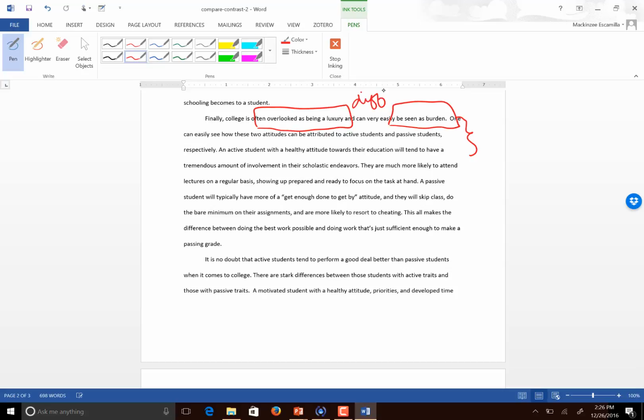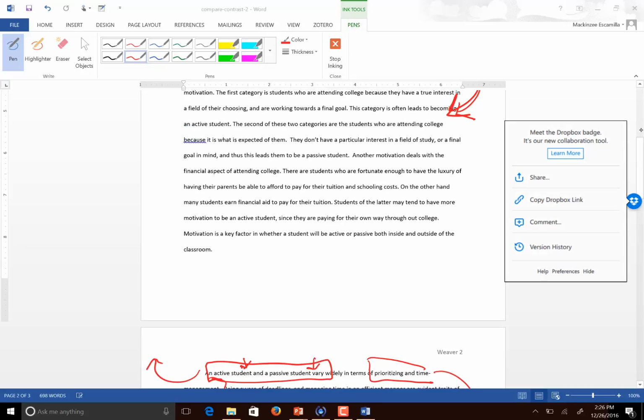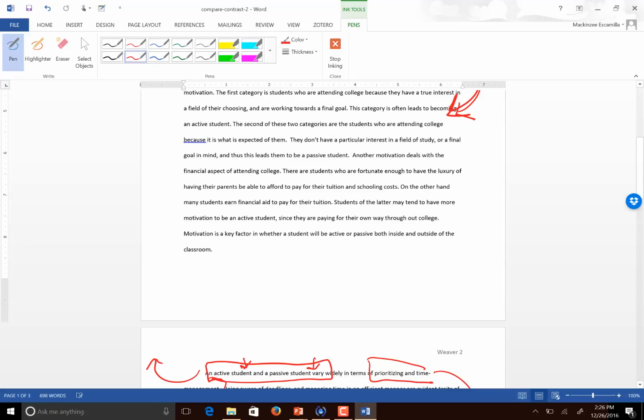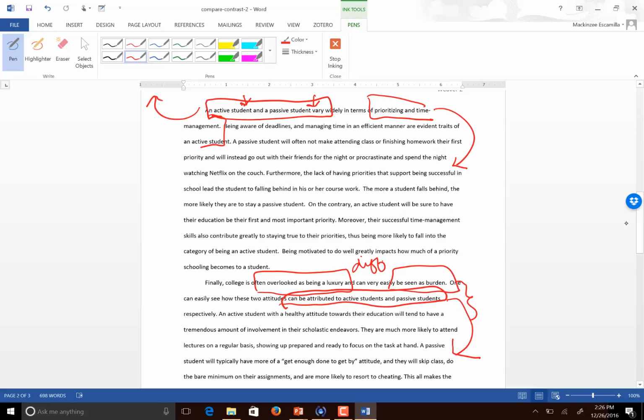So she didn't super explicitly state it, but she has given us different attitudes that can be attributed to active and passive students, respectively. And then she goes on to talk about the attitudes the different types of students have. And so even though it's not as explicit as these first two topic sentences, she still tells us that she's talking about differences, active, passive student, and that she's going to talk about the attitudes.